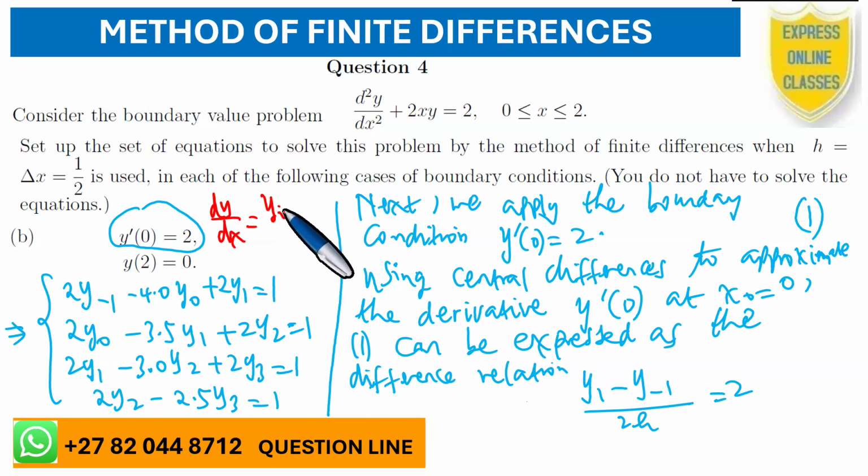We said this one is yi plus 1 minus yi minus 1 divided by 2h. Like that, 2h. So now if we make i 0 in this, we're able to get y1 minus y subscript minus 1 divided by 2h.